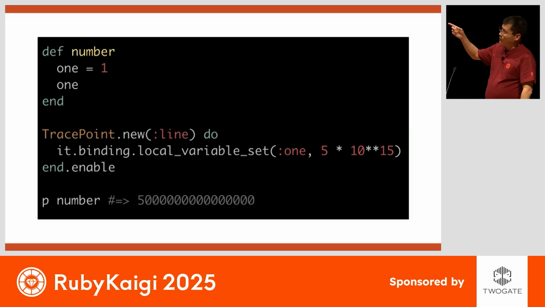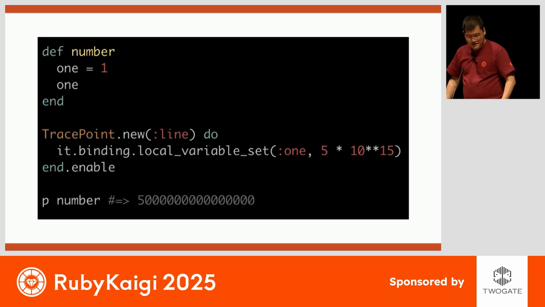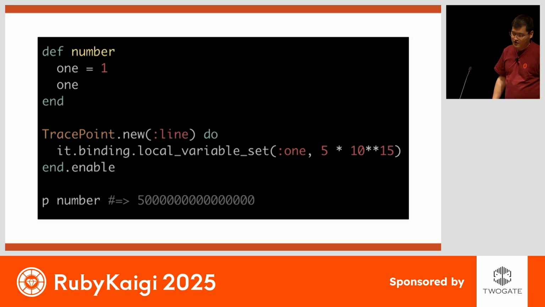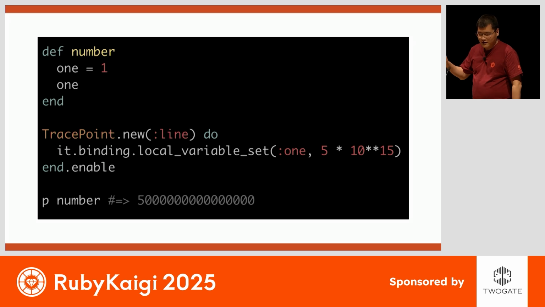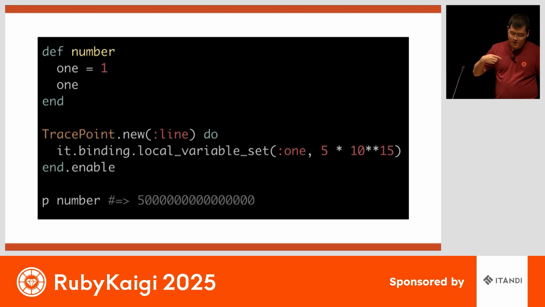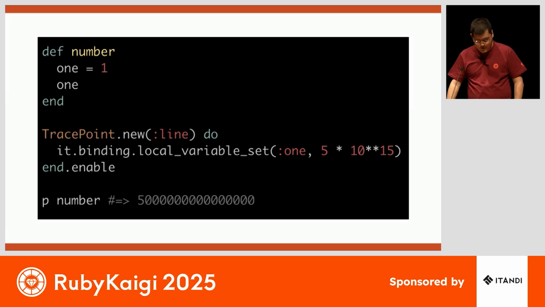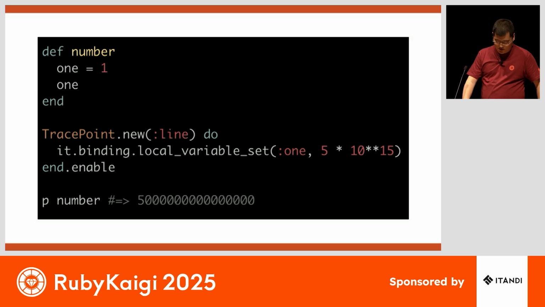So in this example, when you call the number method, after executing the one equals one, it's going to rerun the block of the trace point, and it sets the local variable again to 5,000 trillion. So of course, it's going to return the number we generated in the trace point.